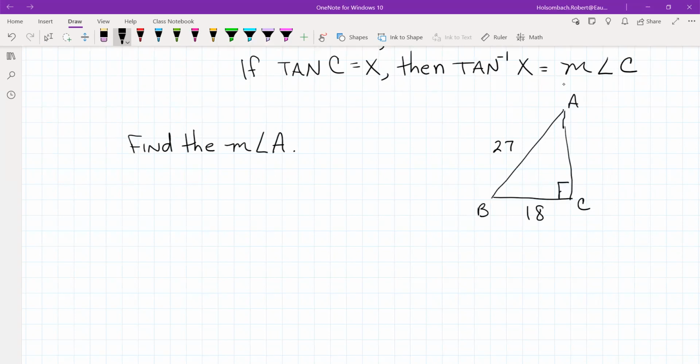Now, it is extremely helpful to always have the acronym SOHCAHTOA on your paper so that you can reference it quickly when you're using trig and inverse trig ratios.